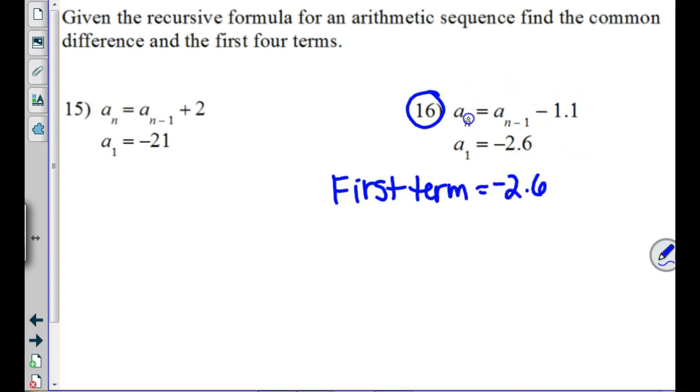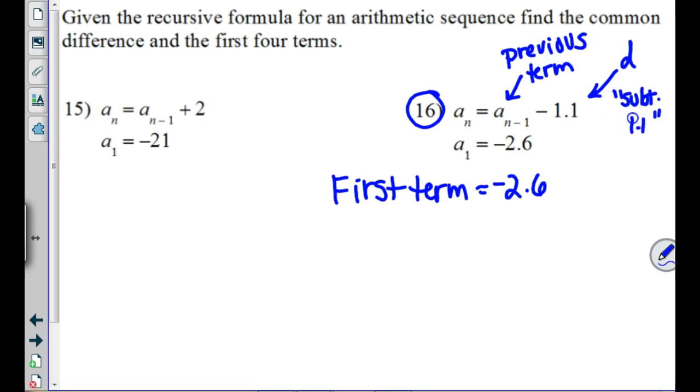And then what does this one mean? Previous term. This means previous term. You got to be good at saying that when you see that n minus 1. The previous term, and then you do what? Yeah, that's the difference. Or you subtract 1.1.